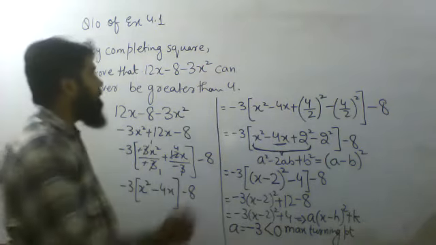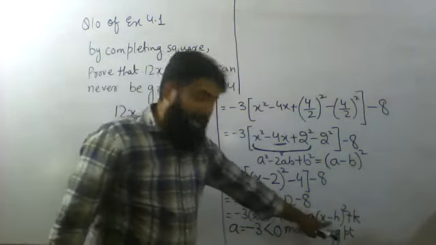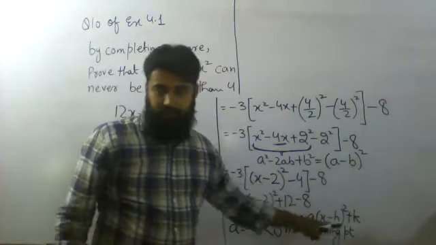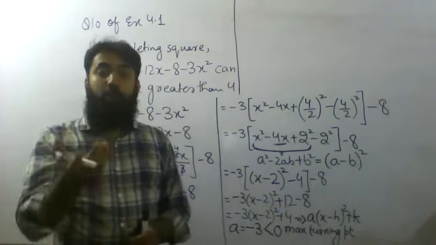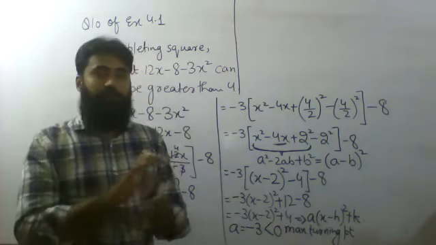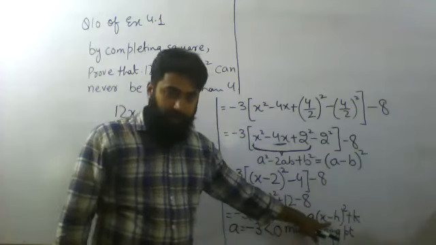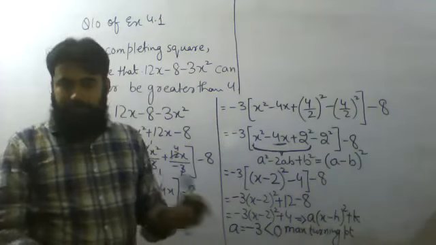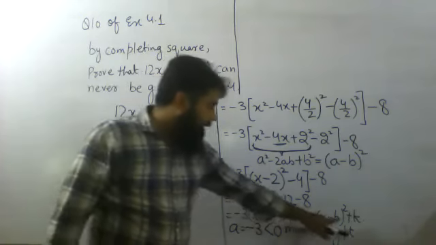Okay. Now, I don't need h right now because they are not saying to find the maximum or minimum value and find its corresponding value. They are not saying that. So I don't need h right now. If you are writing it, it is totally okay, but you don't need it. Okay.